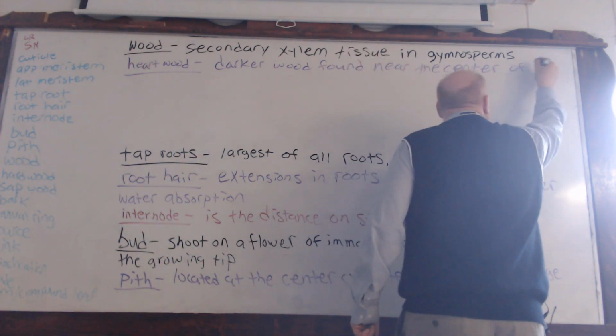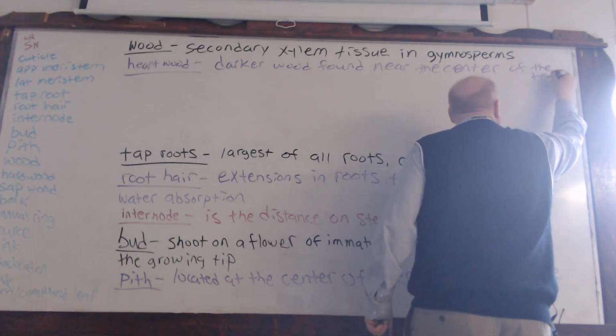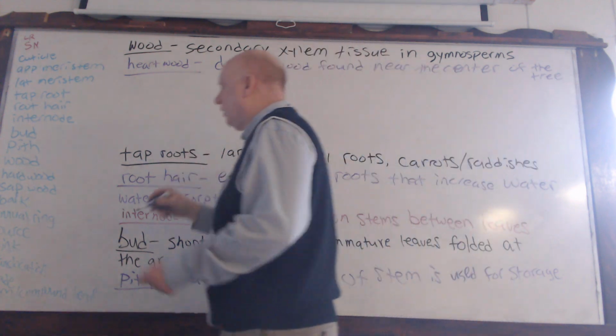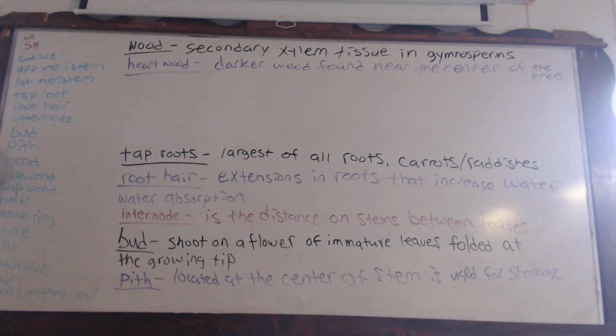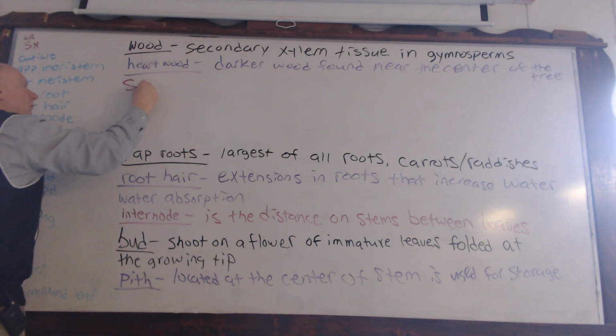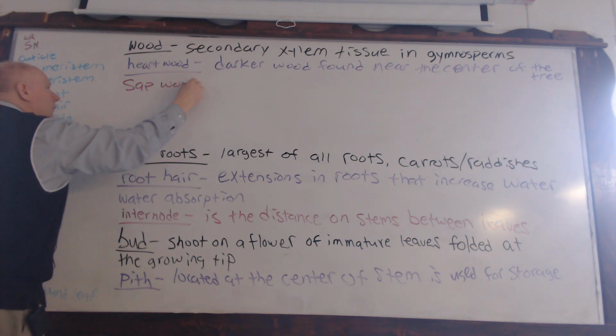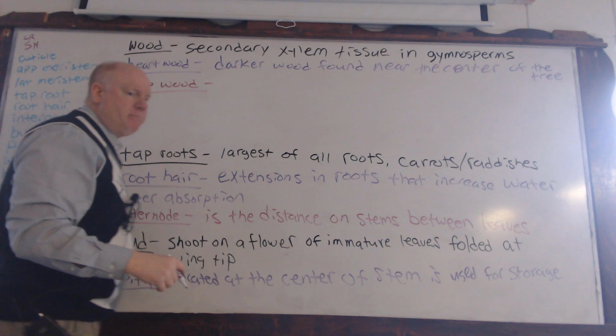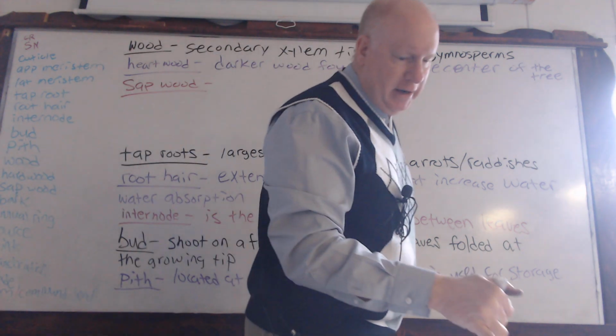Okay. So if heartwood is closer towards the center, well then sapwood, okay, is the outside.